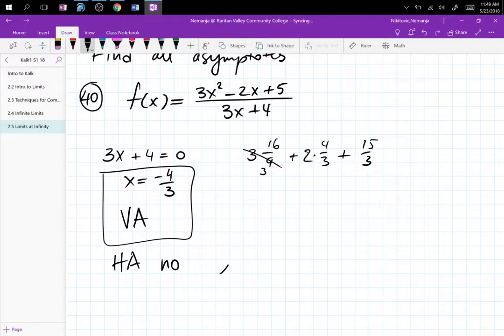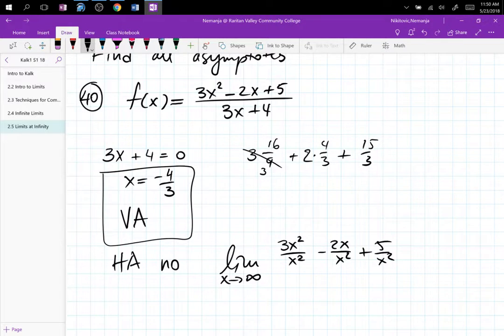However, I am going to do the limit for this because this is what we studied today. So I'm going to check the limit as x goes to infinity. And I know that I need to divide by the highest exponent, which is x squared in this case. So I have to divide everywhere by x squared.